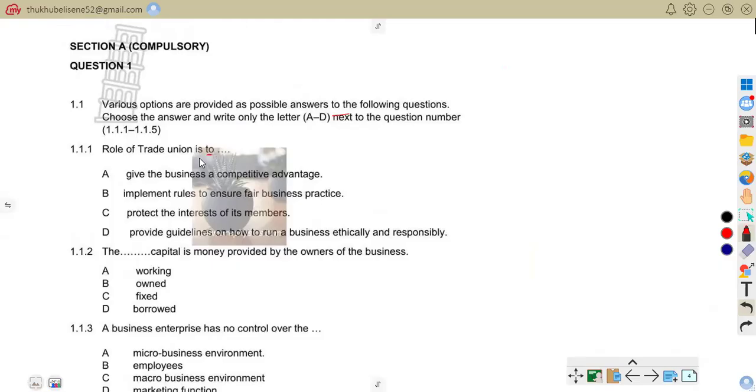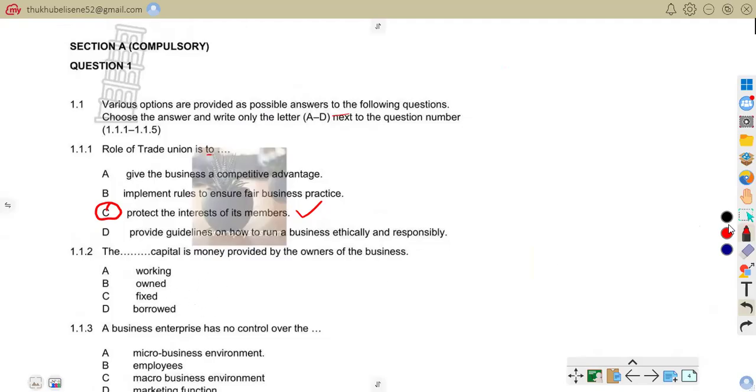As you go through these options, you can see that the role of a trade union is to protect the interest of its members. Meaning to say the correct answer is C. You know very well that trade unions advocate for workers' rights. They negotiate better wages, working conditions, and benefits on behalf of their members. So that is correct.